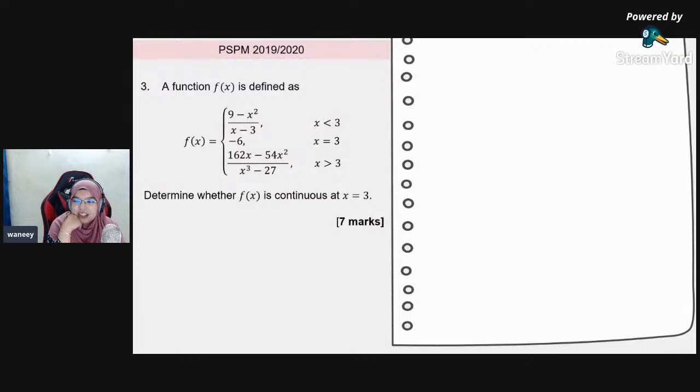Tengah kira lagi. Determine whether fx is continuous. Is fx continuous? Not continuous. Ada soalan jawab. Not continuous.